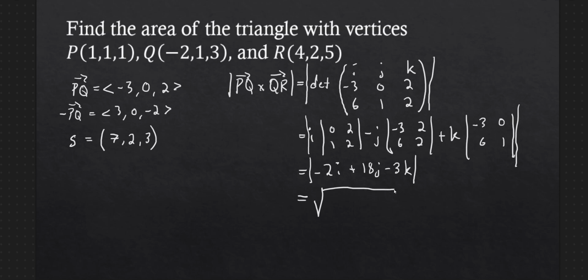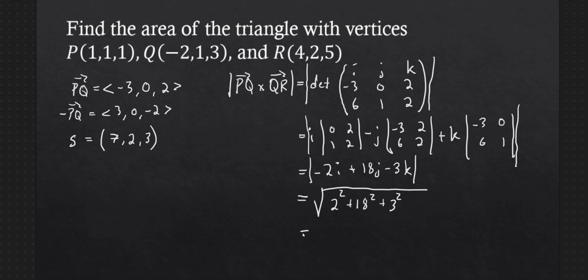That's going to be the square root of 2 squared plus 18 squared plus 3 squared. I've got my calculator here with me, and I'm going to go ahead and punch that in. So 2 squared plus 18 squared plus 3 squared, and take the square root of that.